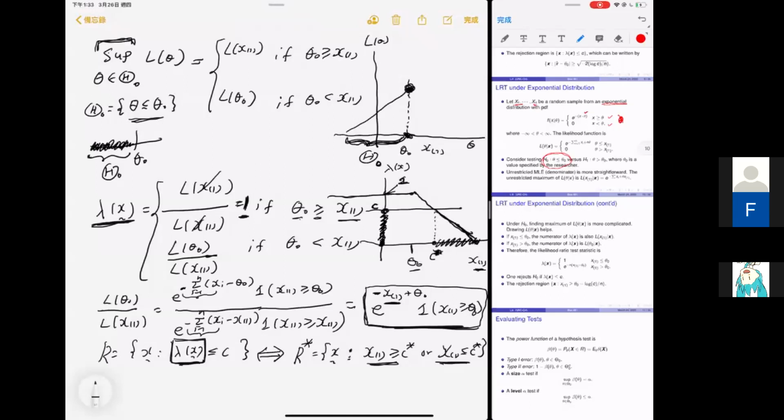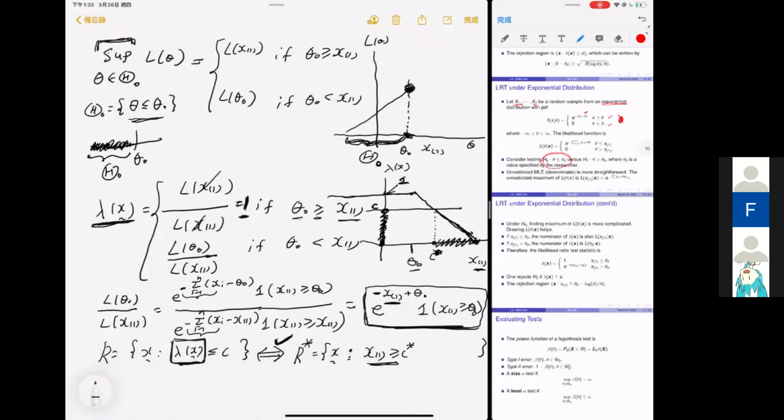That means my equivalent region using x1 is what? X1 bigger than c star. Okay, so any question on this? I want to make sure that you guys feel comfortable finding the equivalent region.